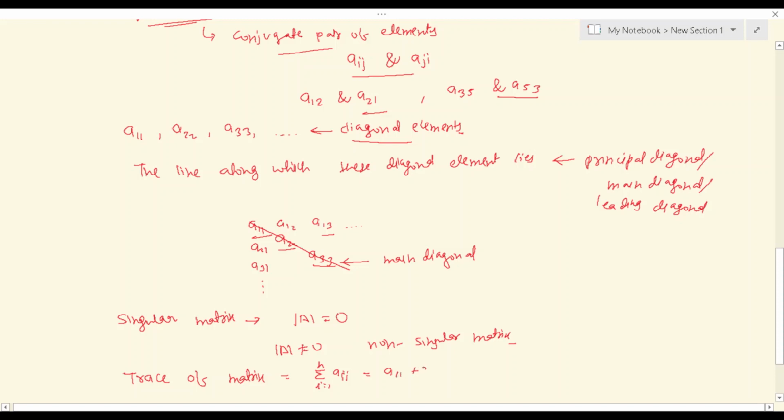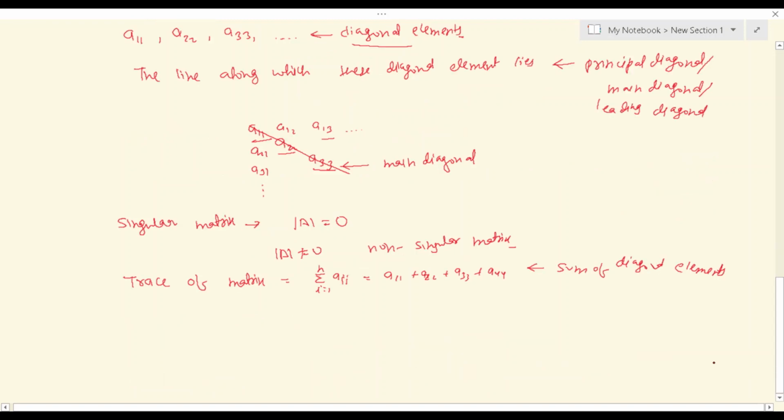It is A11 plus A22 plus A33 plus A44, that is the sum of diagonal elements lying along the main diagonal or principal diagonal or leading diagonal, whatever. Okay. Then we define a new term, singleton matrix.